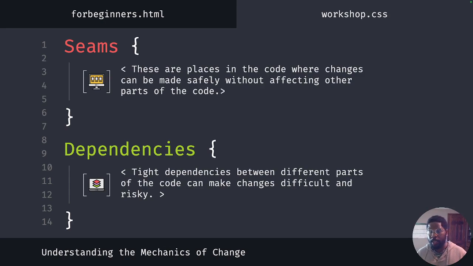So right here, one of our first concepts is going to be seams. Seams are places where you can change the code without affecting other parts of the code. Dependencies, this is more of a conversation about coupling and tight coupling. Change points, another word I would use for seams in my mind's eye, is identifying seams is crucial for minimizing the risk of regressions when modifying legacy code.